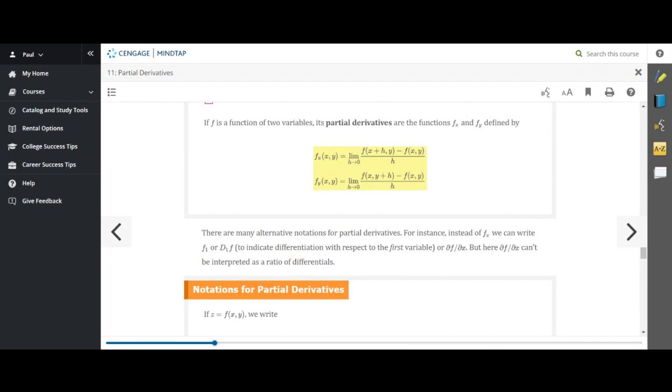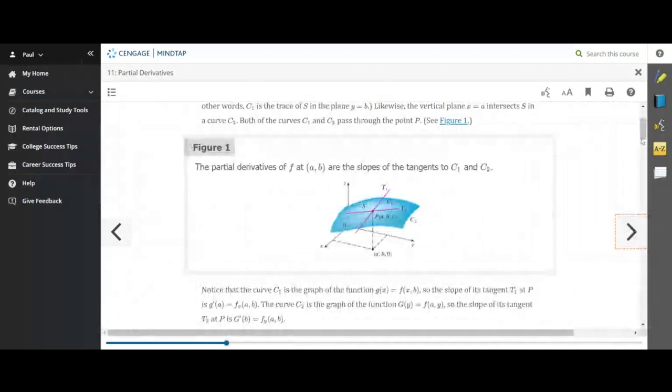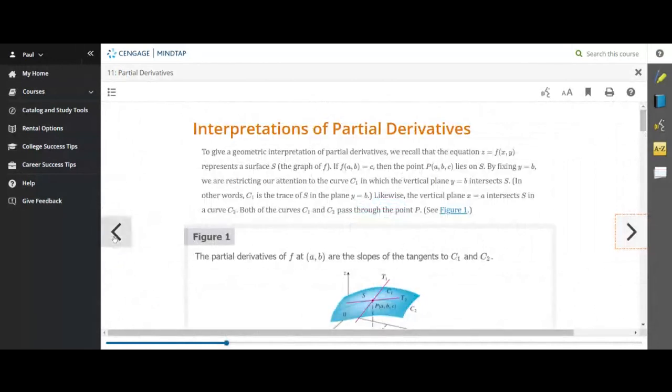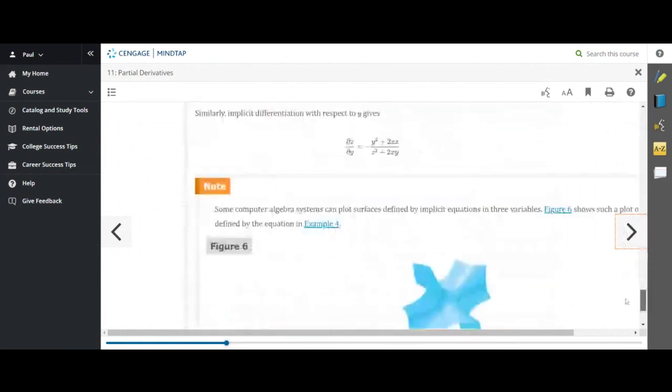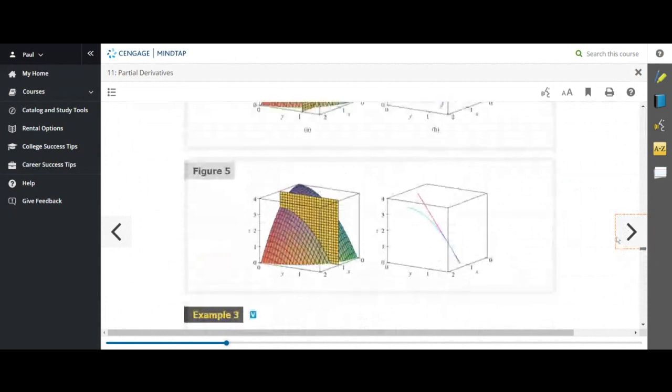If you have a function of more than two variables, let me show you that, because I do want to get to an example.